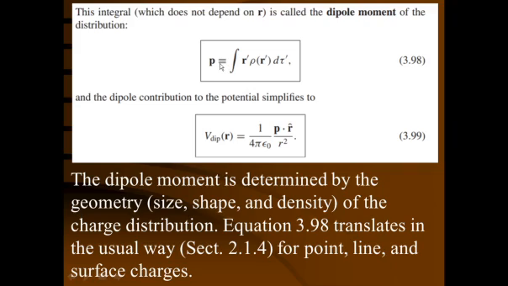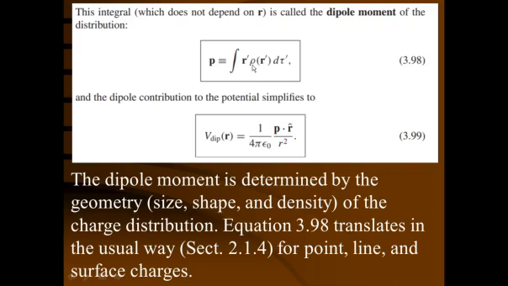So vector P is equal to the volume integration of r dash, which is a vector, times rho r dash, which is a scalar, because for each volume element d tau 1, d tau 2, the volume charge density is varying, and it is a function of position vector r dash.